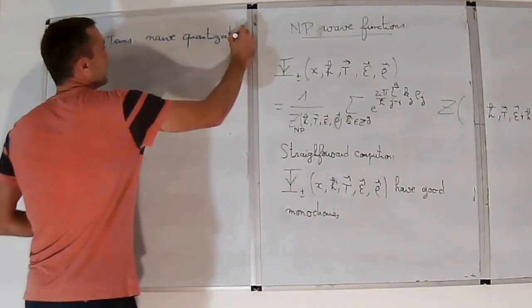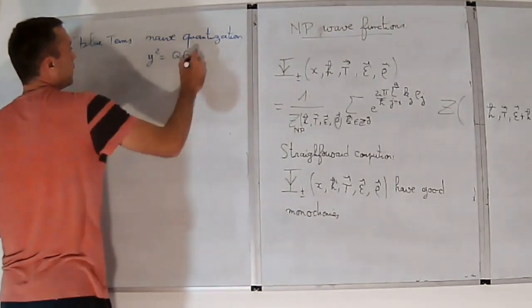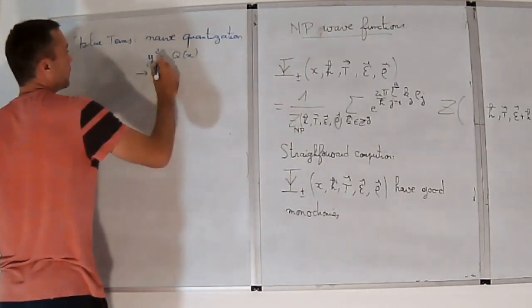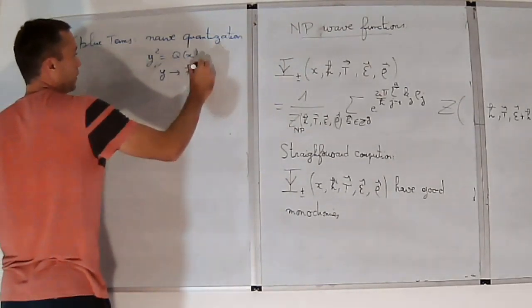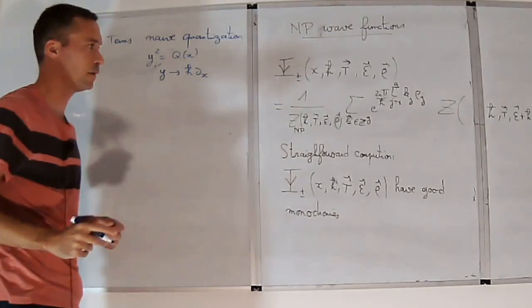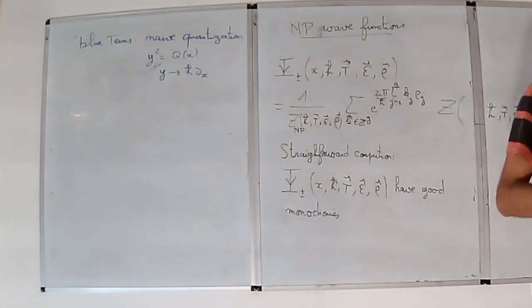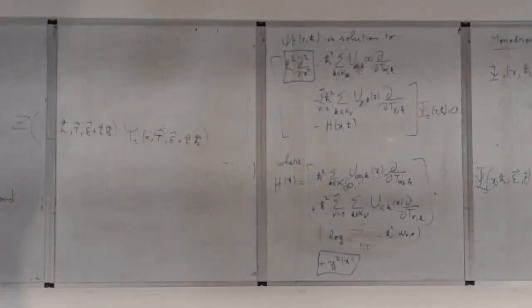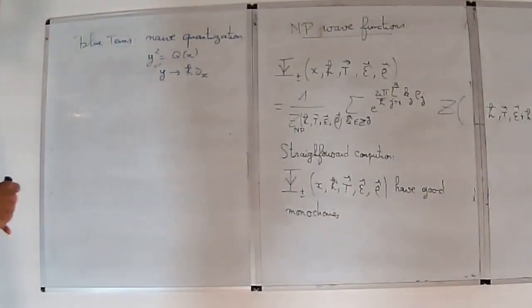Naive in the sense that you would just replace y by h bar d over dx. And this would give you these terms here. This is what happens, for example, in the Airy case. You just have these terms.